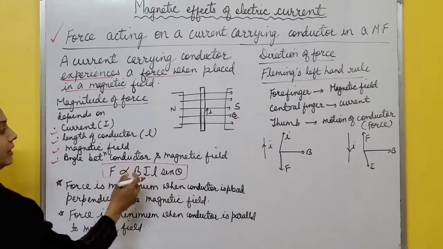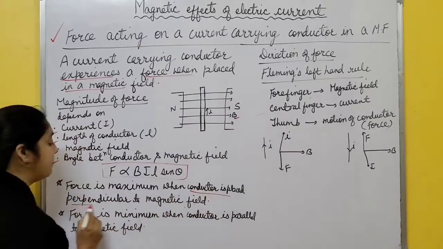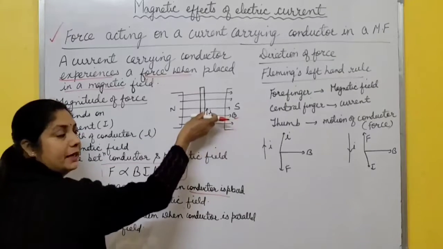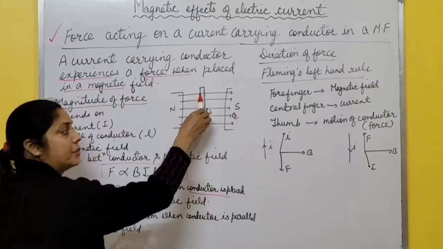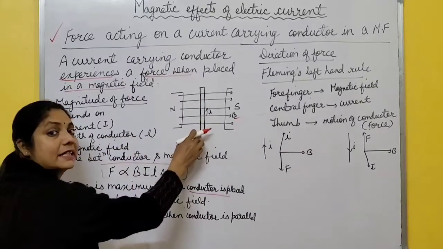So from this, it is clear that force is maximum when the conductor is placed perpendicular to the magnetic field. This is the direction of magnetic field and this is the direction of conductor through which current flows. If both are at 90 degrees to each other, then it experiences maximum force.